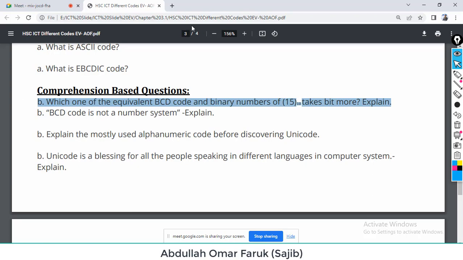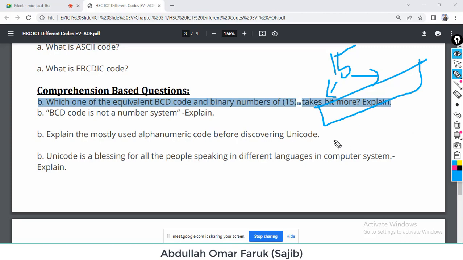BCD. Because if we find the BCD of this number, 15, then it will be what? 4 digits for 5 and 4 digits for 1, using 8421. So there will be 8 digits for BCD.